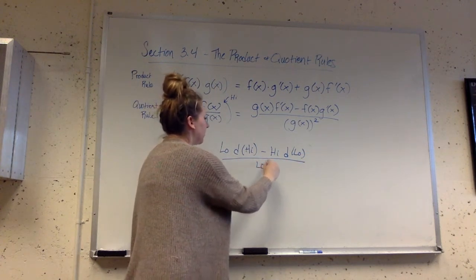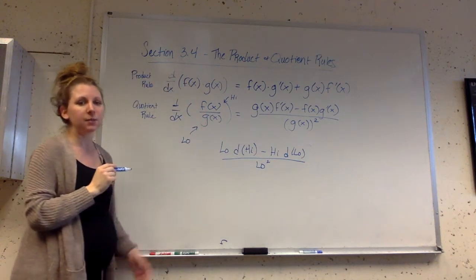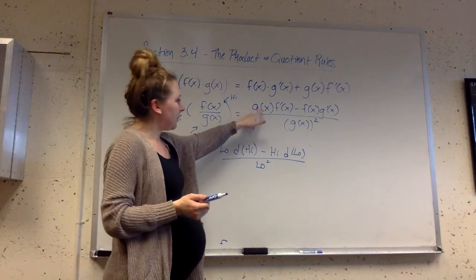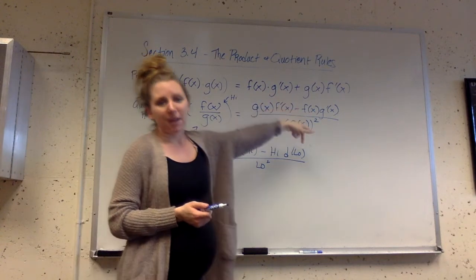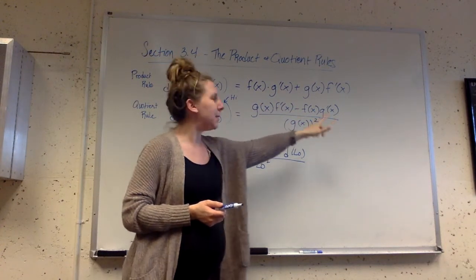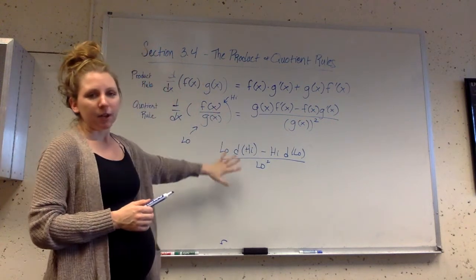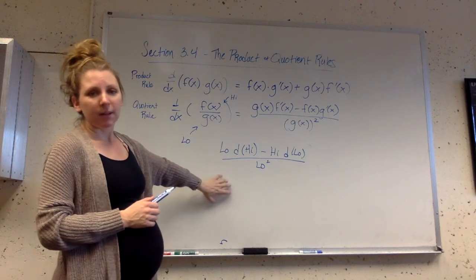So low squared. Whatever helps you memorize, I literally say in my head, denominator times the derivative of the numerator minus numerator times derivative of the denominator over denominator squared. But feel free, whatever works for you is the best way.